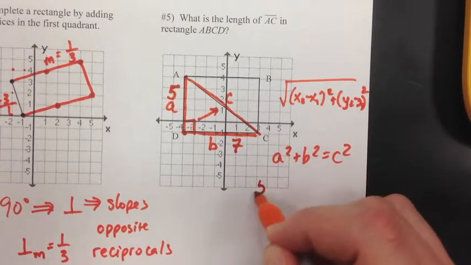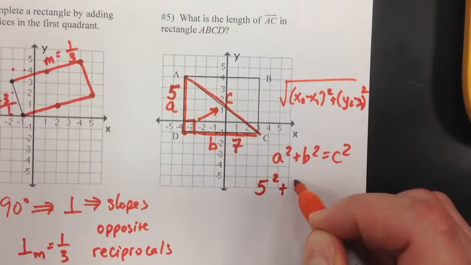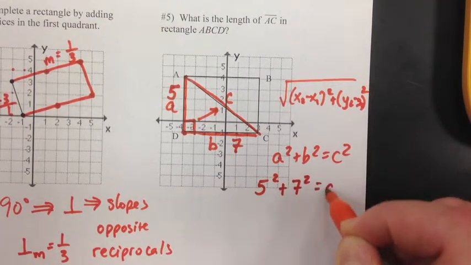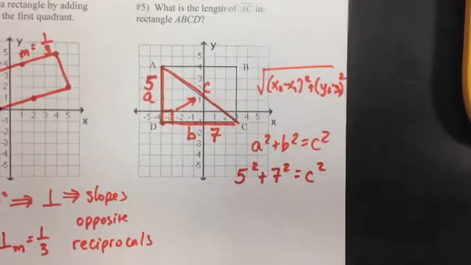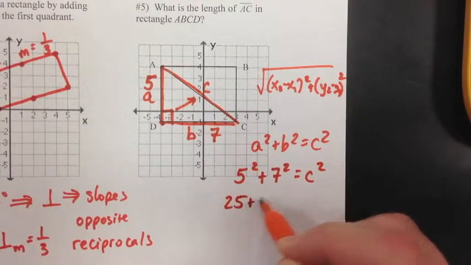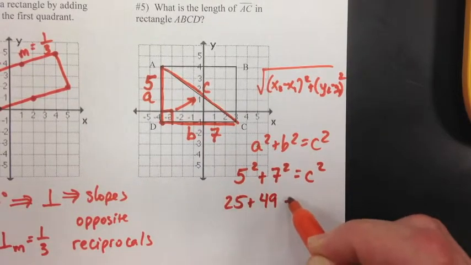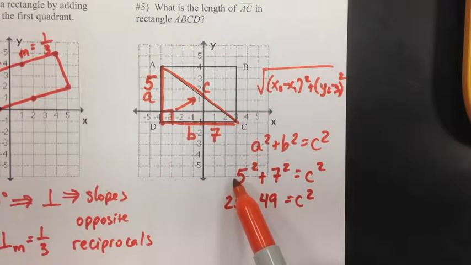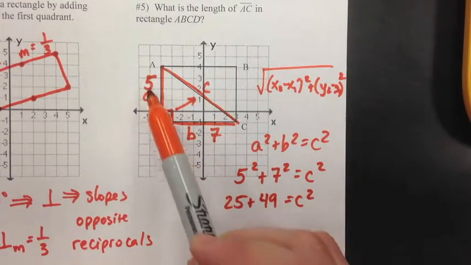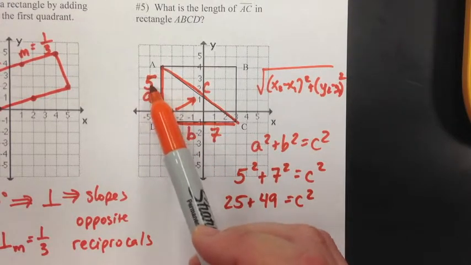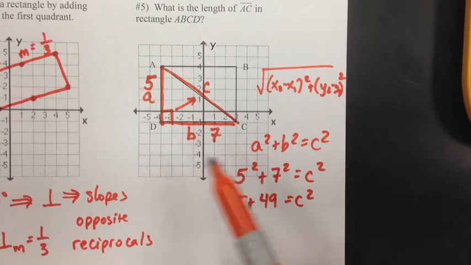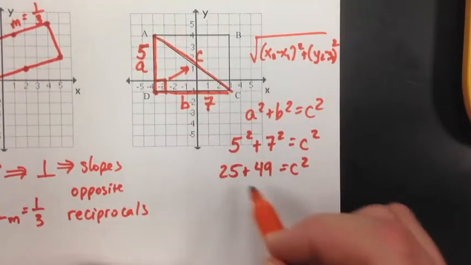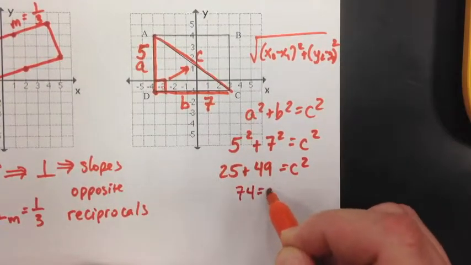So my a is 5 squared, plus my b is 7 squared equals c squared. That's 25. 7 times 7 is 49. And the reason why, let's say I put negative 5 here. If I square a negative, it's still a positive. So that's why I didn't worry about negative 5, positive 7, negative 7, anything like that. Add those up, you get 74.